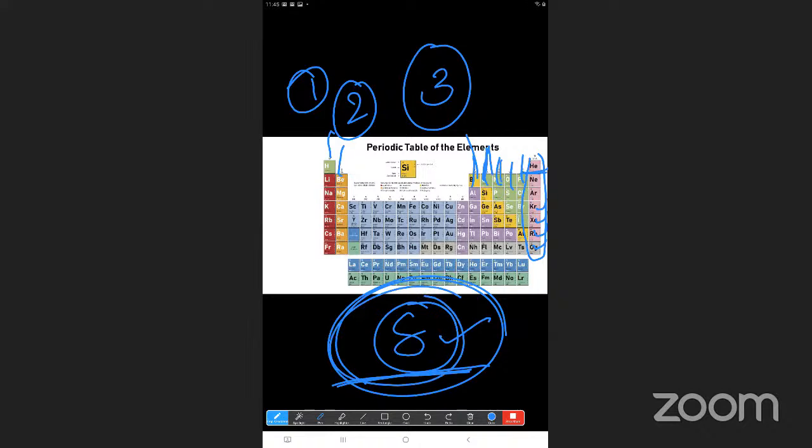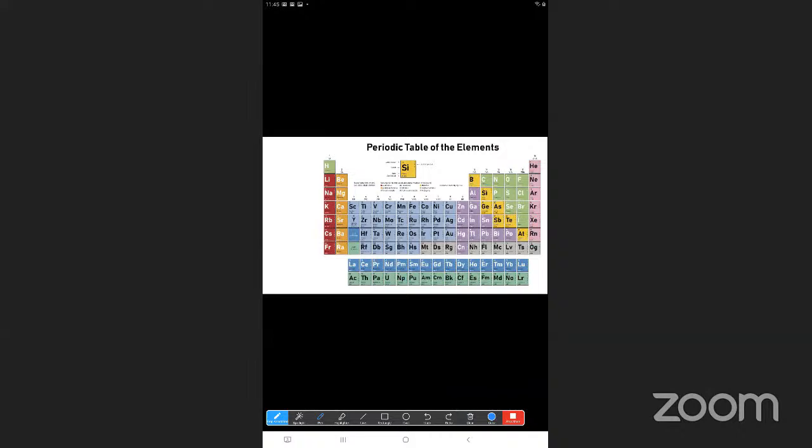And 5A, 6A, 7A group elements will gain electrons. These elements take electrons to get 8 electrons in the valency shell like noble gases. These noble gases, that means 8A group elements, are stable. They do not take part in any chemical reaction.